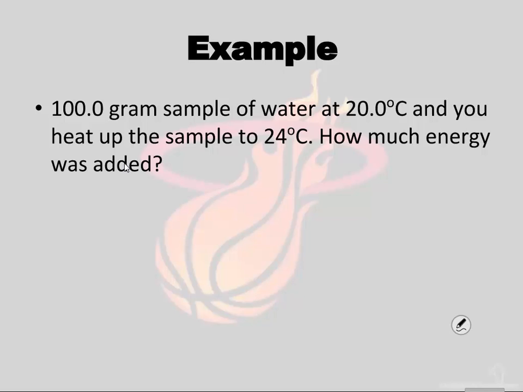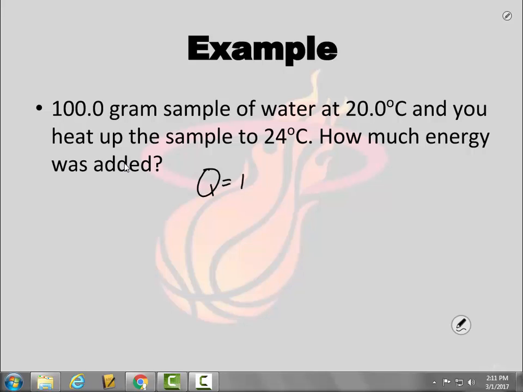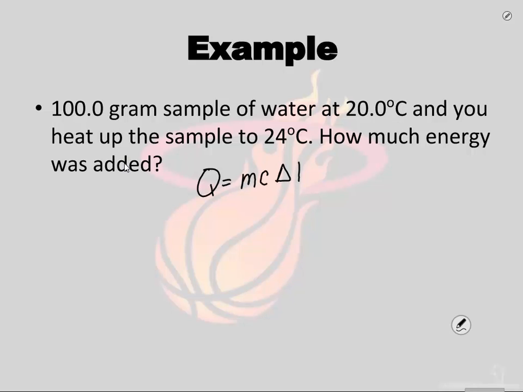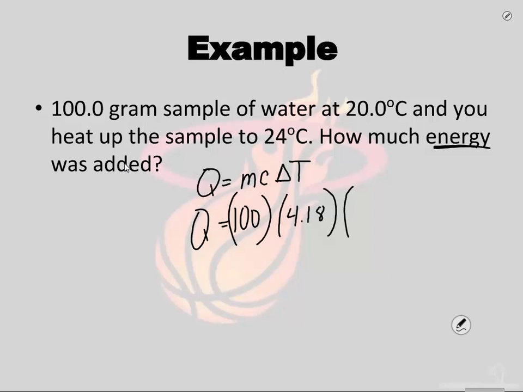So we're using our equation, Q equals mc delta T. We want to find how much energy, so that means we're solving for Q. How much water did we use? That's our mass. So we had 100 grams. Our specific heat, or C for water, is 4.18. And then we want a temperature change, so final temperature minus initial. We heated it up to 24, so that's our final, minus 20. And then you just plug that into your calculator.